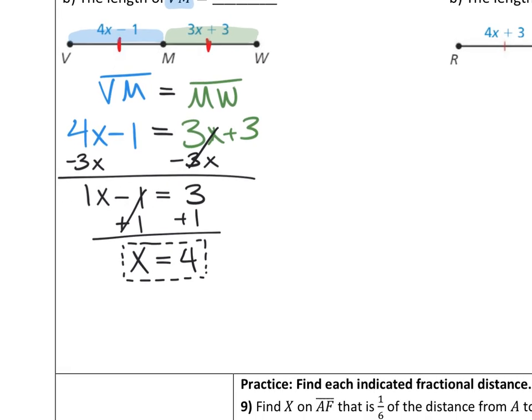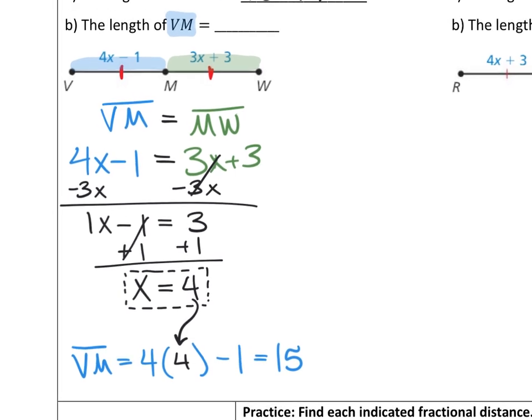So if I wanted to figure out the length of VM, all I would do is take the blue thing and plug what in for x? 4. 4 times 4 is 16. 16 minus 1, 15. So we would say that the length of VM is 15.